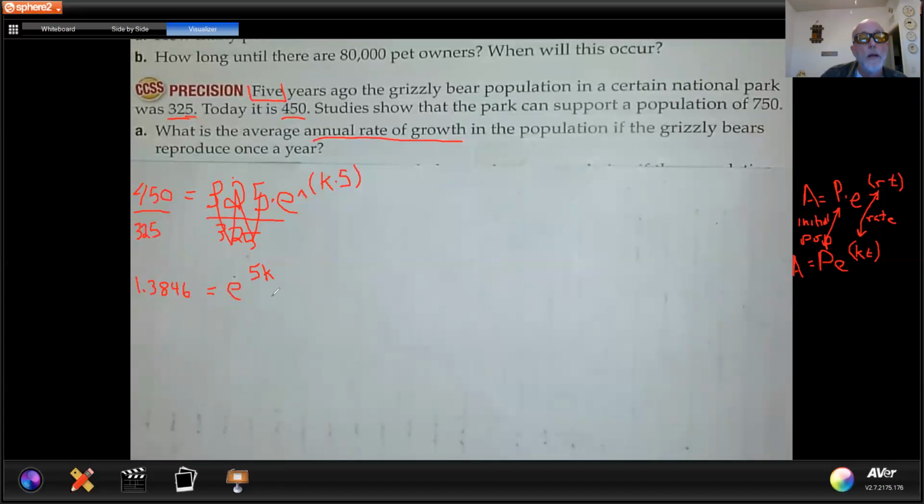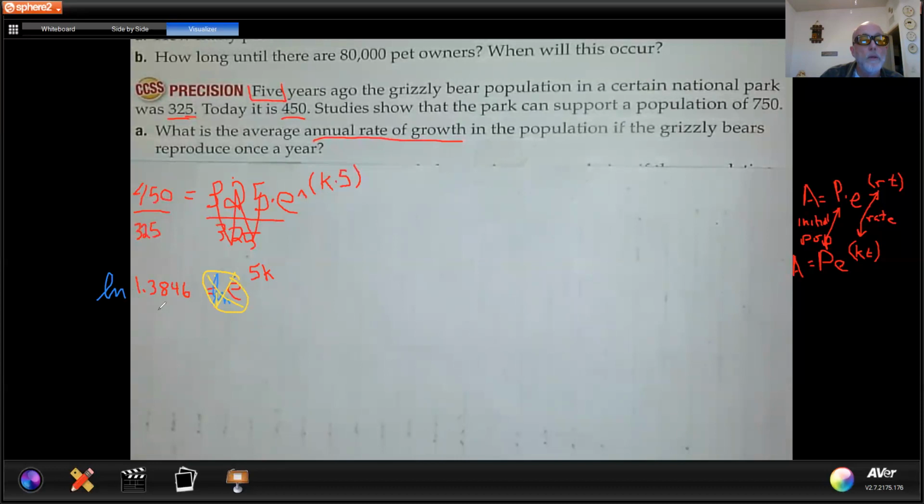Now then, how do I solve questions like this? Well, I have to take the natural log of both sides, the natural log of both things. And the cool thing is, remember, that natural log and e cancel out.